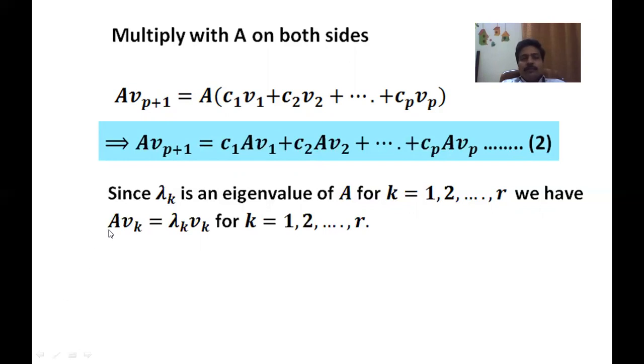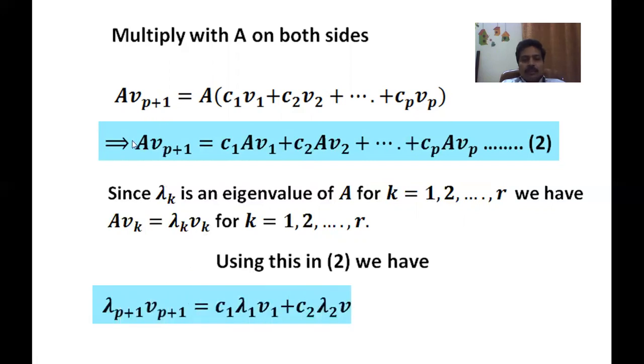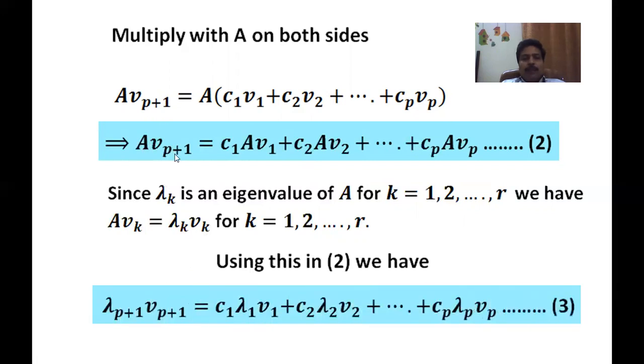So now I can replace these vectors with lambda k vk's. Using this in equation number 2, we can write A v(p+1) is equal to lambda (p+1) v(p+1).